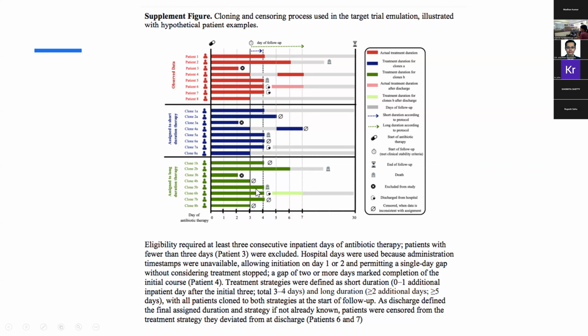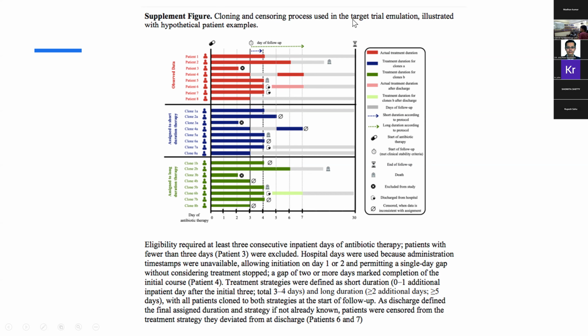Now for the sake of simplicity, I am not going to go into all of this, but they had some criteria for death. For example, I just want to say here that in some cases both clones are alive. See, this patient 5 took 4 days of antibiotics and died. I can't eliminate either clone because both clones are existing on day 4, correct?